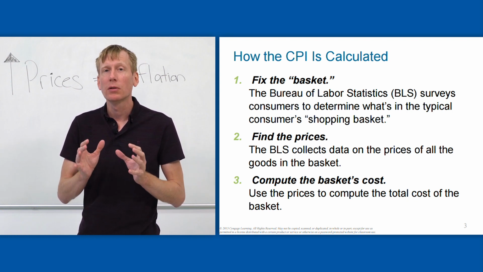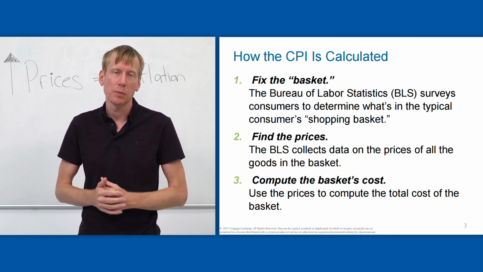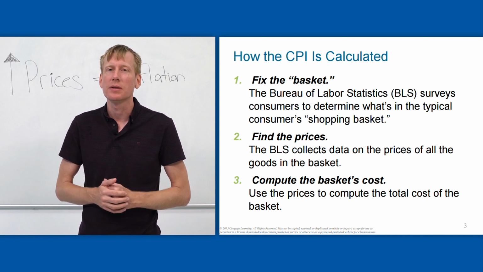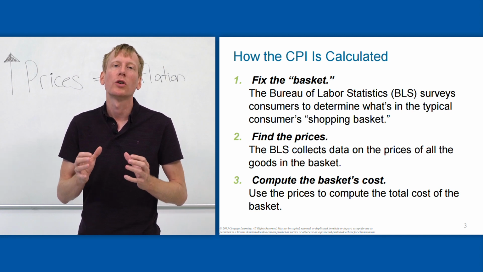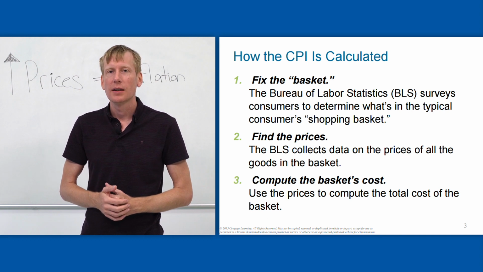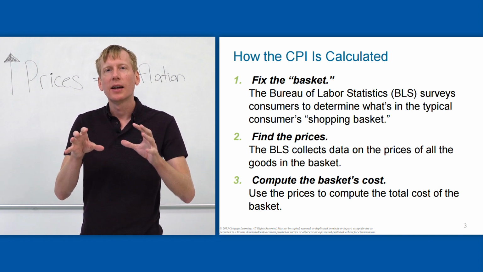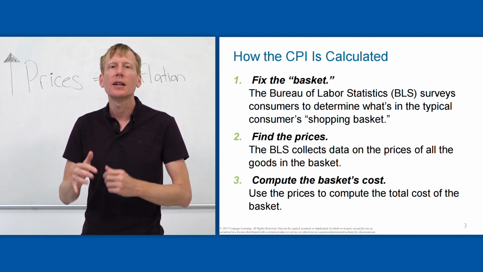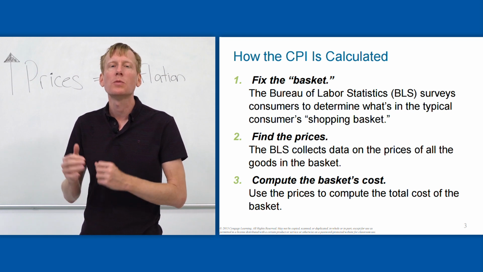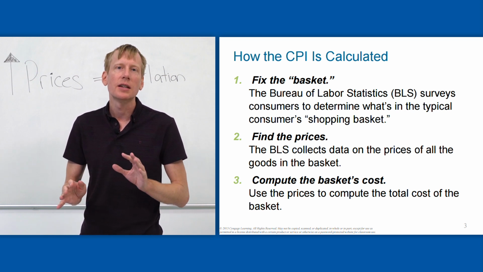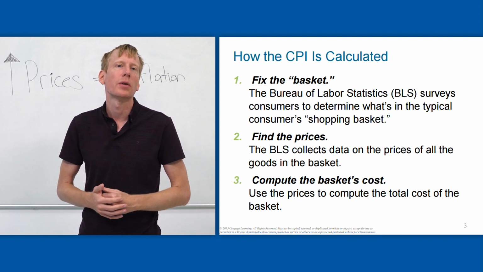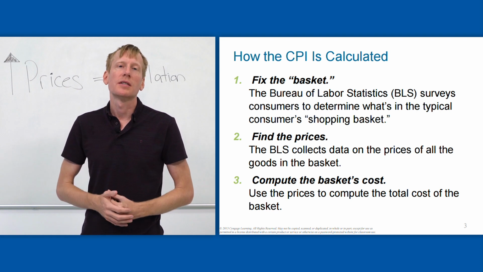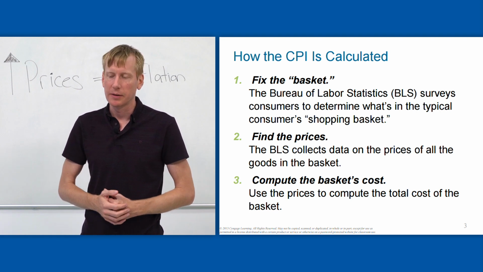Again, they don't have to be full goods because this represents an average person. And if 1 in every 4 people purchase an automobile, the typical person would purchase 1/4 of an automobile. So our basket includes a fixed quantity of a variety of different goods, where these are intended to be goods that the typical consumer purchases, not goods that the government purchases, not goods for export, not goods like tractors that aren't used for consumption, but rather for capital investment.